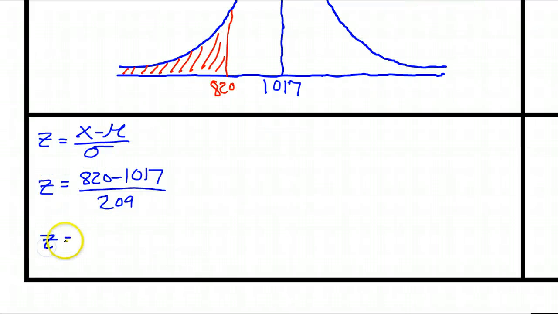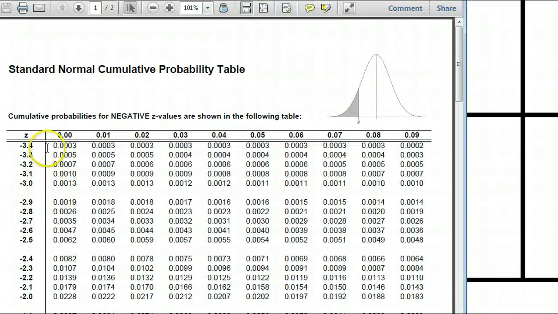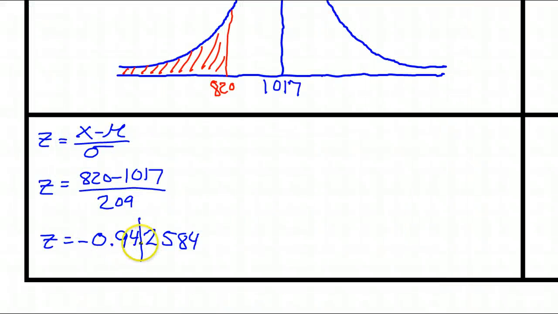Okay, so I'm just going to put this in my calculator. So I get this. Now the z-score has to be cut off at 2 decimals because that's all we have on this chart, up to 2 decimal places. Since this number is less than 5, I leave the 4 alone. If this were 5 or higher, I would have to round up.